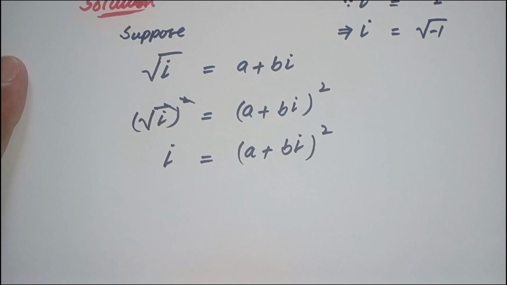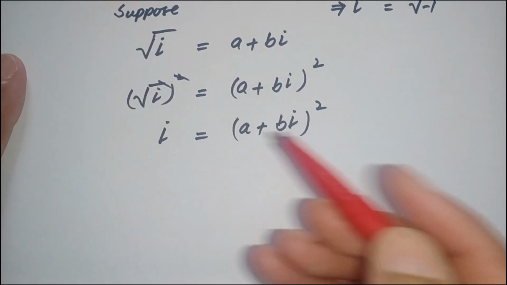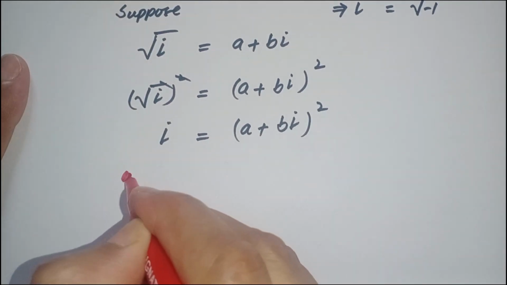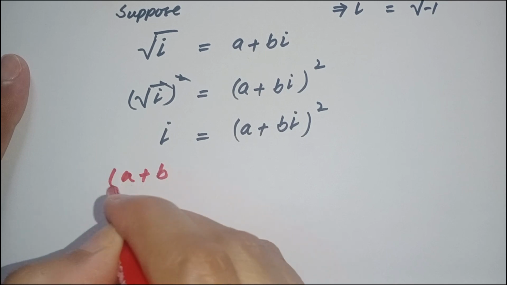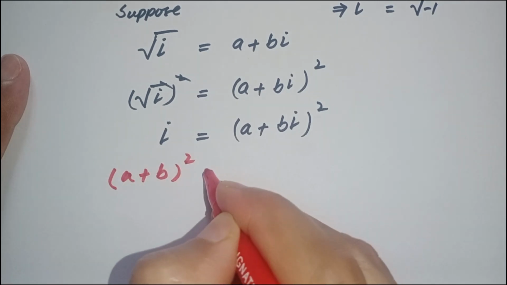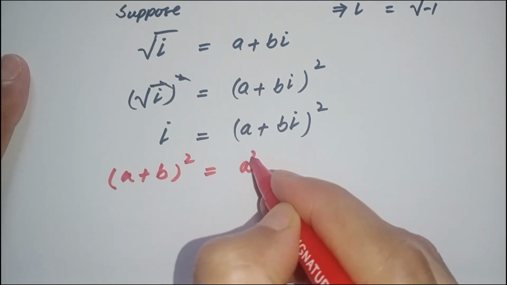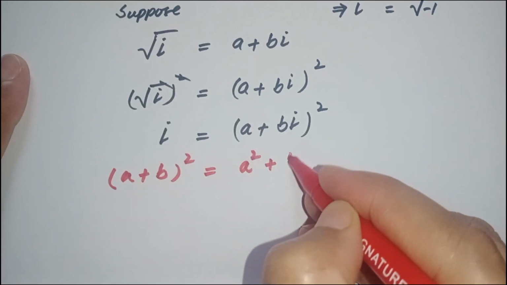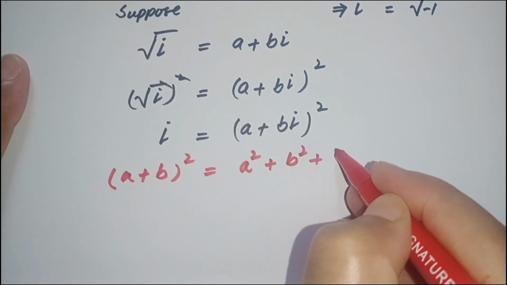Now in the next step, we are going to use the very basic algebraic formula: a plus b whole squared is equal to a squared plus b squared plus 2ab.